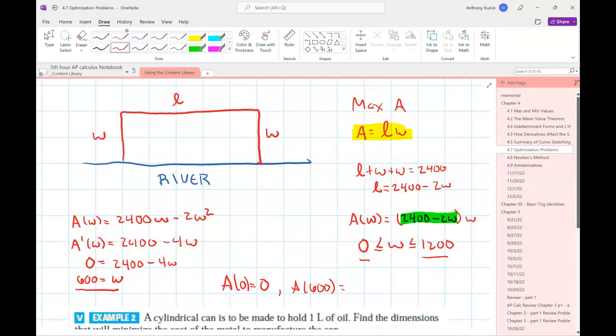No. 6 times 600, 6 times 18 is, whoa, Boise. Yeah, it's 72. And then A of 1,200, again, we can see is 0.